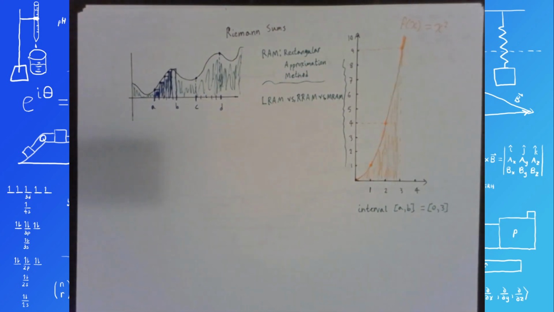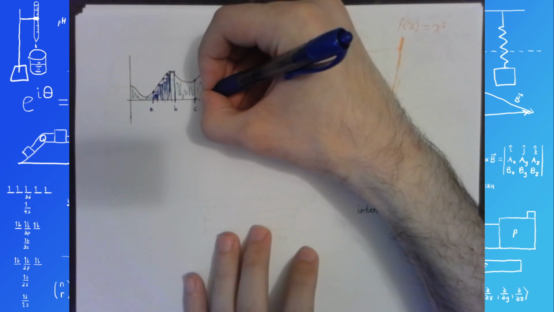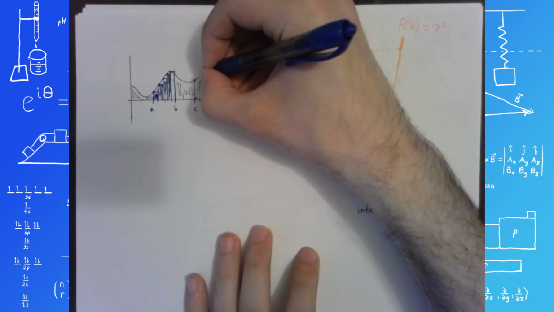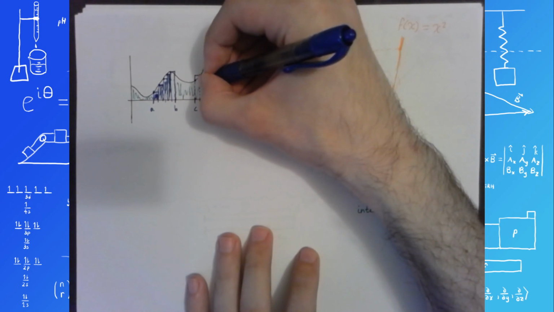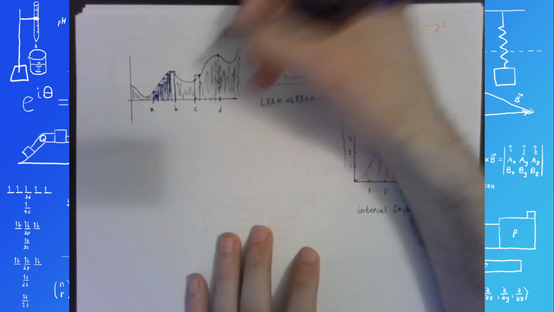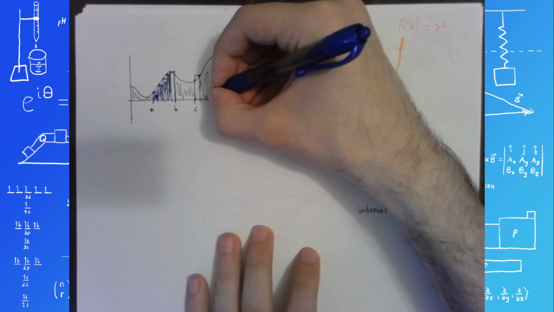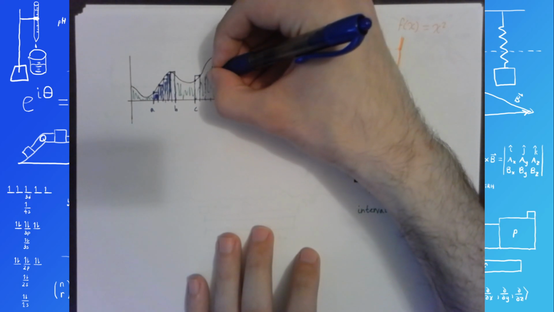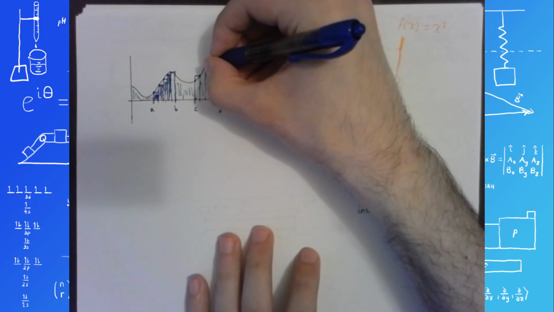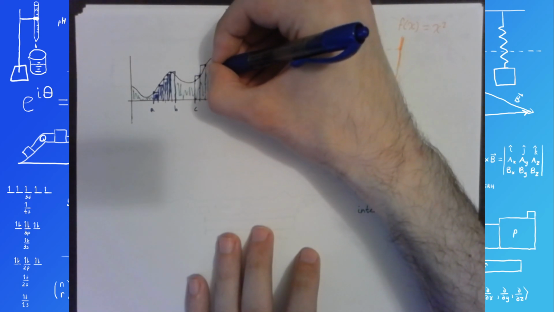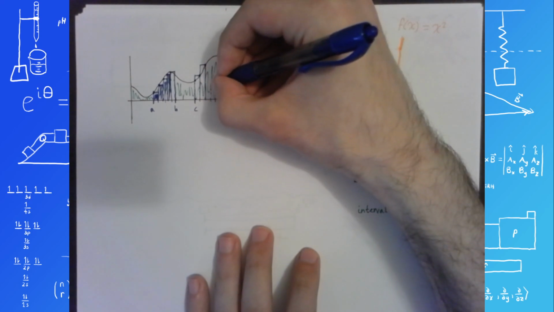Then what I want to do with each rectangle is I want its height to be determined by its right end hitting the curve. So the right end of my first rectangle is going to go all the way up to here. So my first rectangle is going to look like this. Next rectangle's height is going to be determined by its right end hitting the curve over there, and so on and so forth.